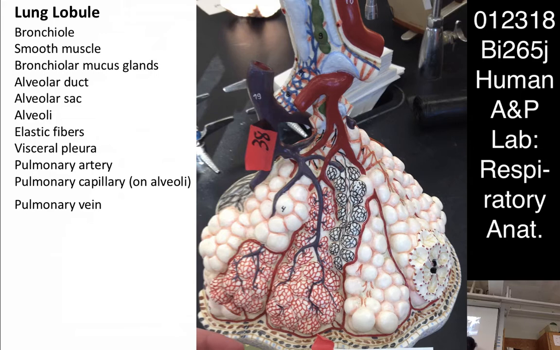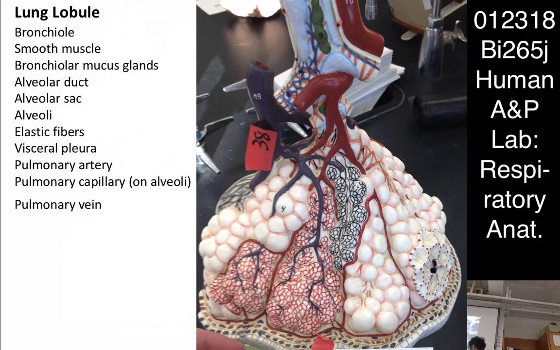Okay, so there in 9, there are these bronchiolar mucus glands that help to produce mucus for the mucociliary escalator. And this mesh of blue there, those would be bronchial veins. Bronchial artery, pulmonary artery, pulmonary vein.